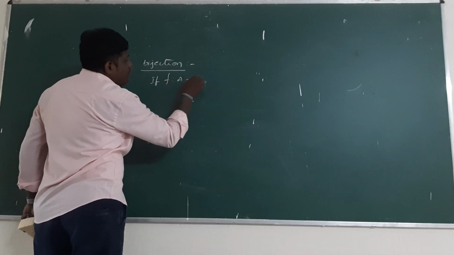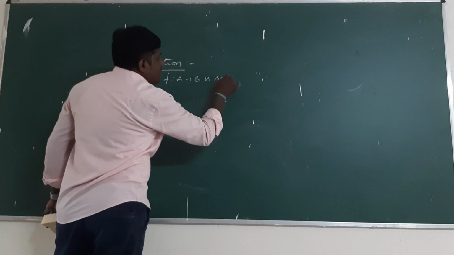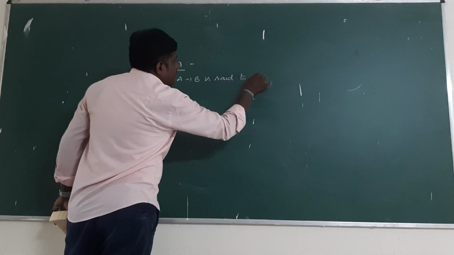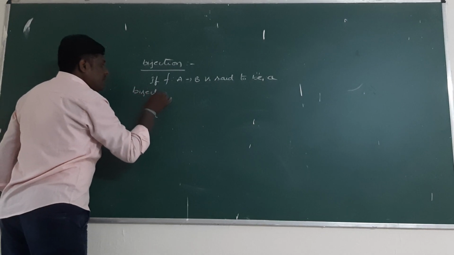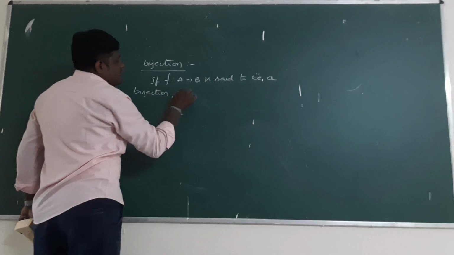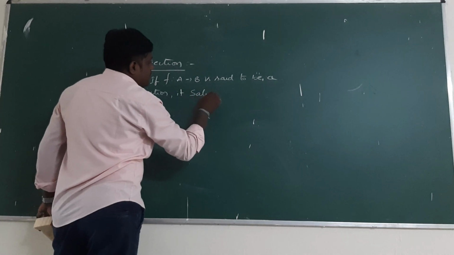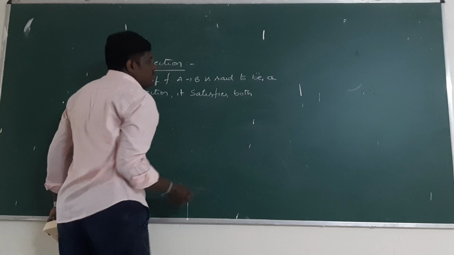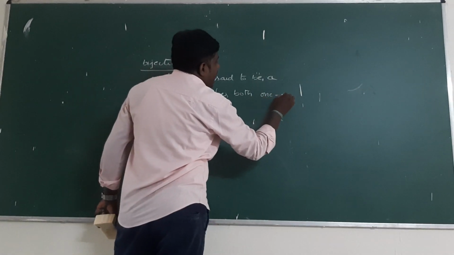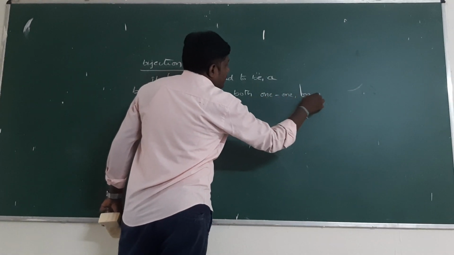A function from A to B is said to be a bijection if it satisfies both one-one and onto.